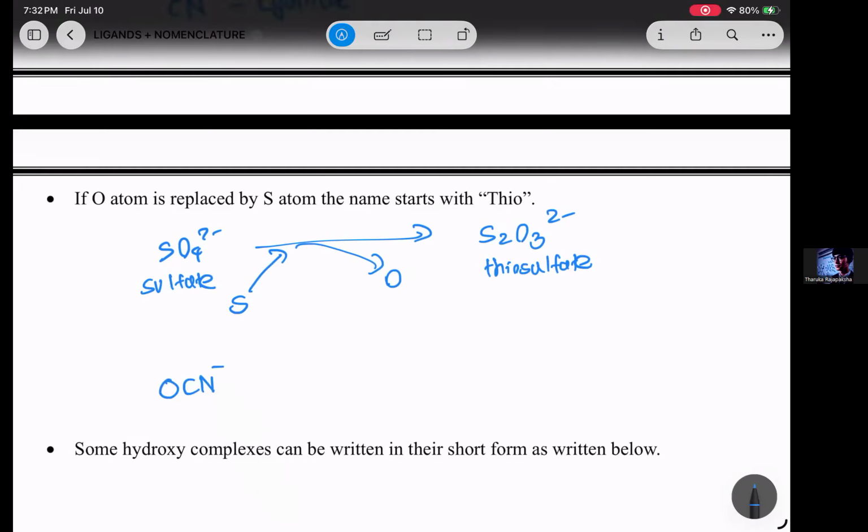OCN minus is cyanate. So when you add a sulfur and remove an oxygen, you get SCN minus. You call it thiocyanate. Cyanate, thiocyanate.